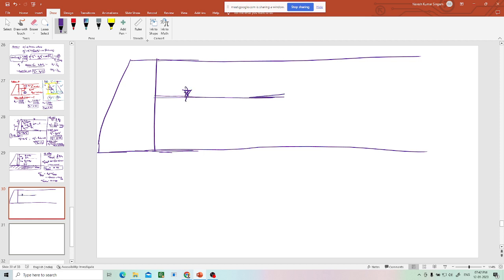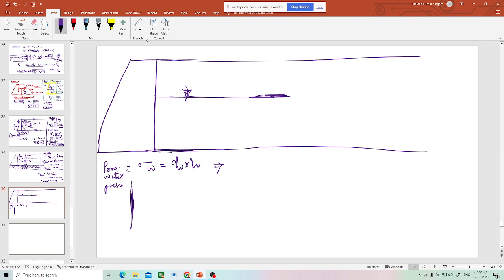So you know what the water pressure is? Pore water pressure, sigma W, is gamma W into H. That is what we were deducting. This is pore water pressure.